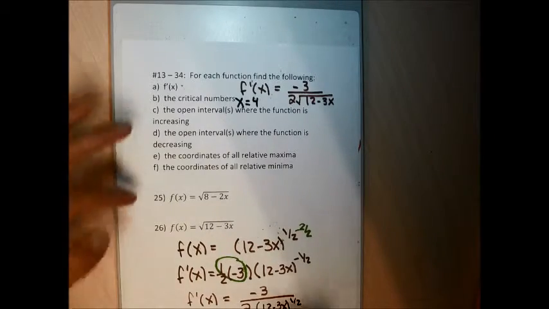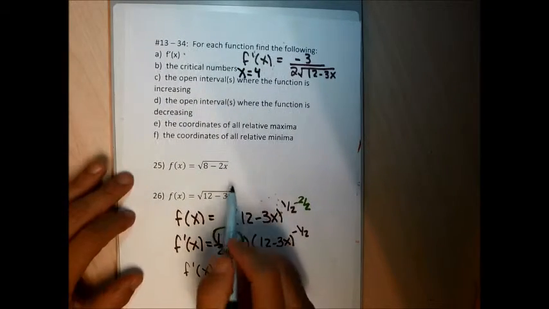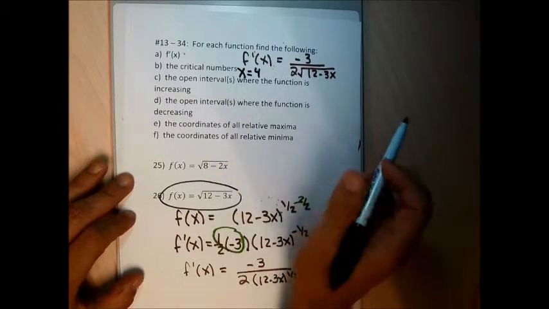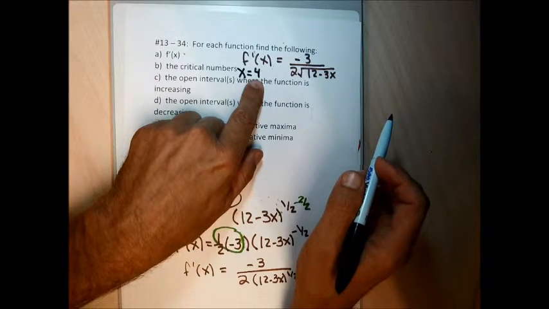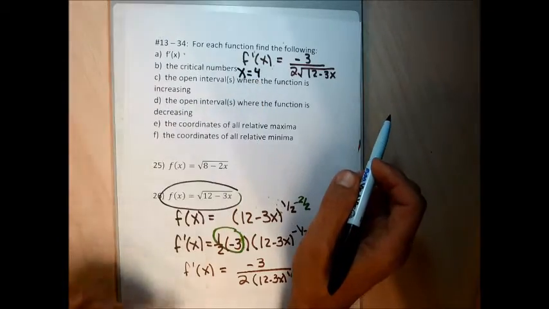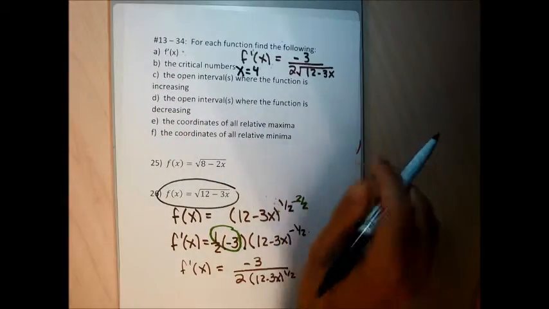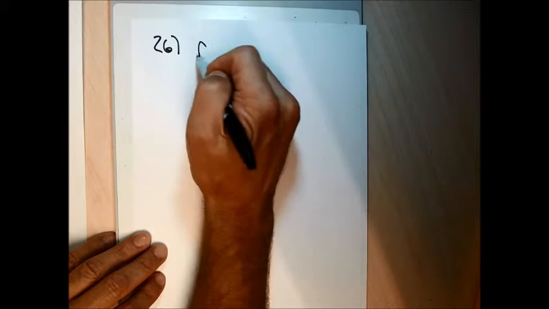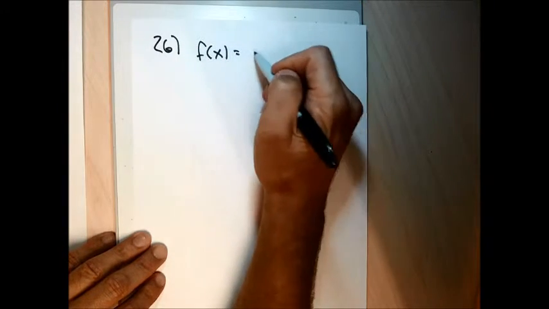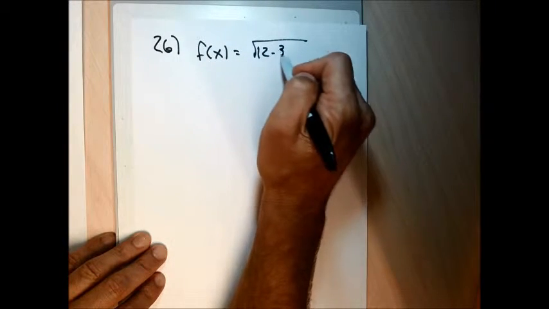So now let me do C, D, E, and F on my calculator by graphing this. On my x-axis, I'm going to label 4, negative infinity, and positive infinity. And because this is a square root, it has a restricted domain, and that's going to show up as I do my graph. So the function that we're dealing with here in problem 26 is f of x equals the square root of 12 minus 3x.